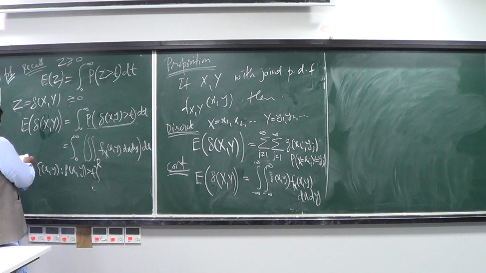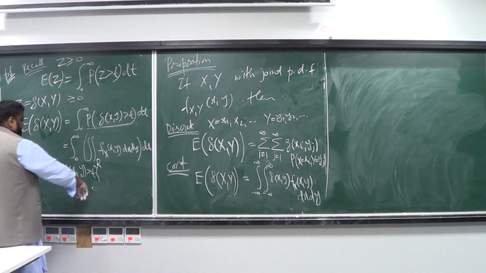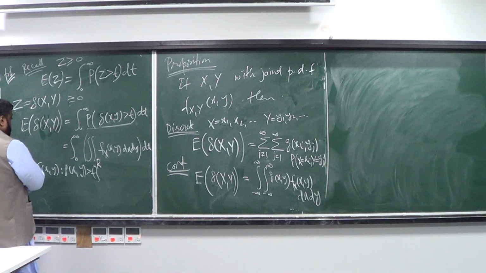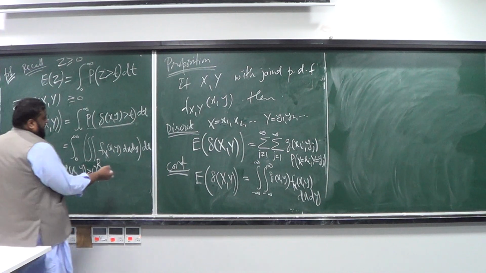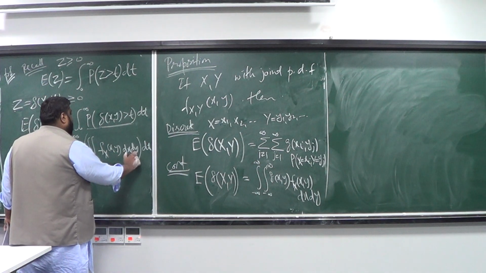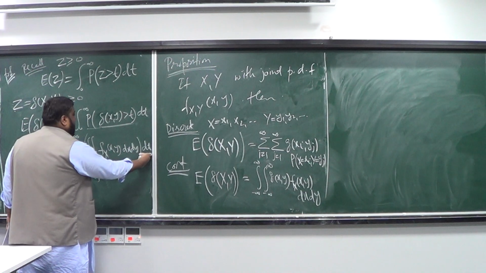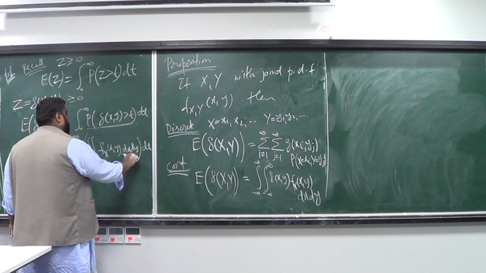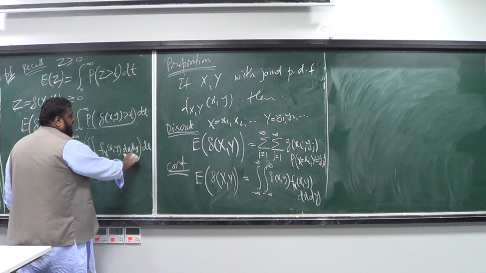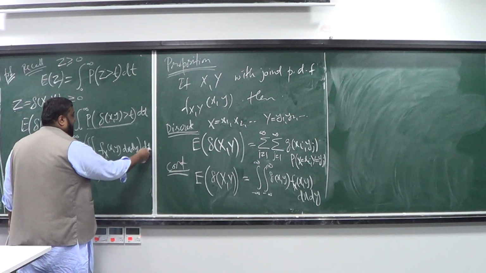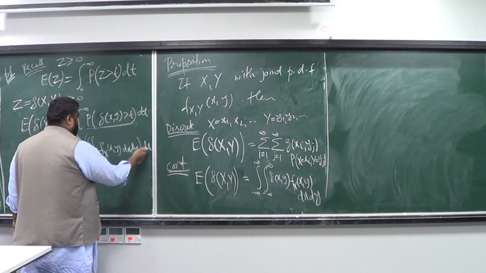Now if you change the order of integration, in other words, you take these dx dy outside and bring this dt inside. If I keep dt inside and dx dy outside, then what will happen?